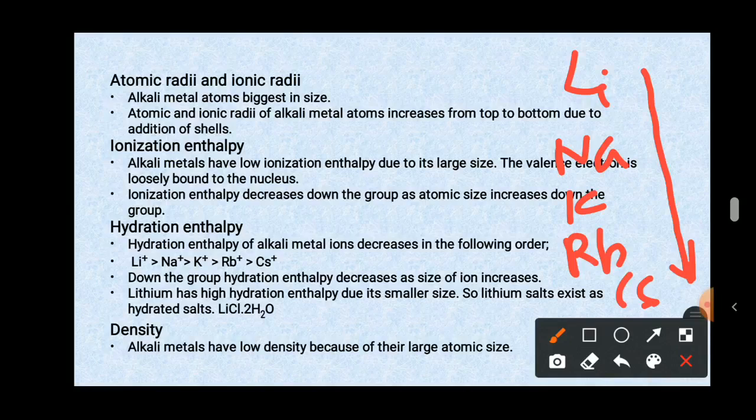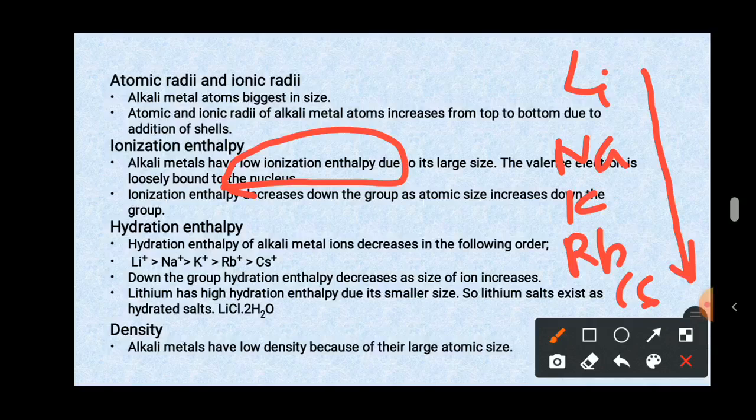Based on that concept, alkali metals have low ionization enthalpy compared to P block, F block or D block elements. This concept is very important, so I have marked it here. Alkali metals have low ionization enthalpy. What is the reason for low ionization enthalpy? Because of the large size.